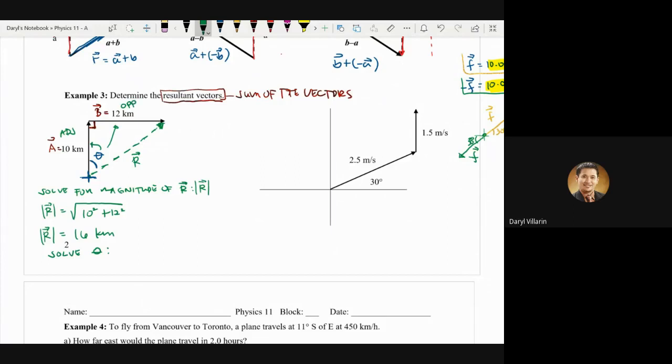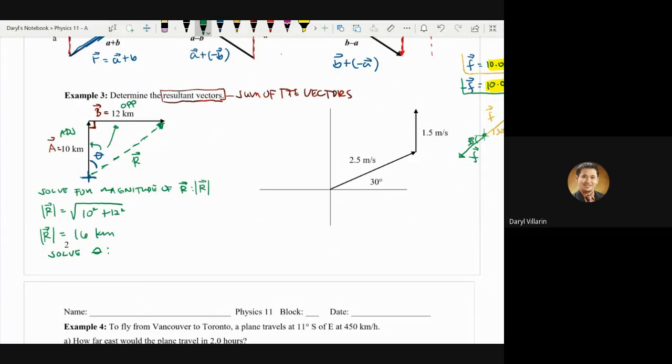Even though I have more options here because I've already identified the three sides of my right angled triangle, if I'm going to base it from the given, I have the opposite and the adjacent side.